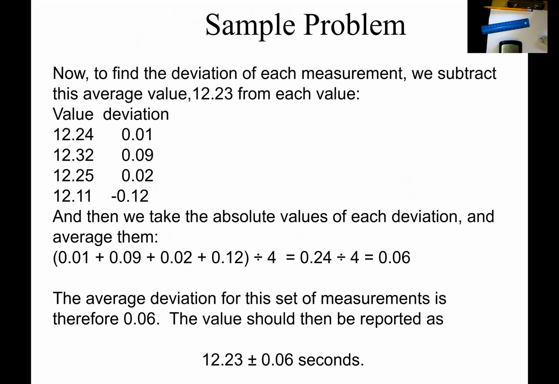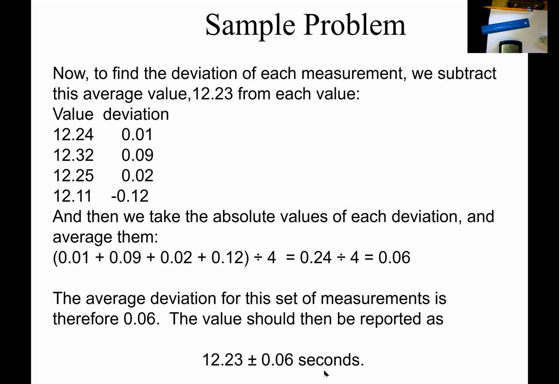To get the uncertainty, you find how far each value is from the average. So you go 12.24 minus 12.23, and so on. And then you add up the absolute values. You don't want to subtract anything. And then divide by the number, which is 4. So in this case, I get 0.064.